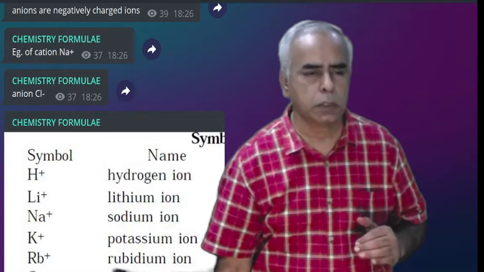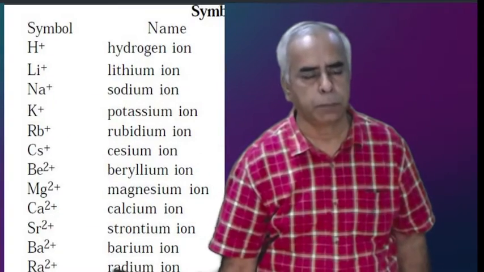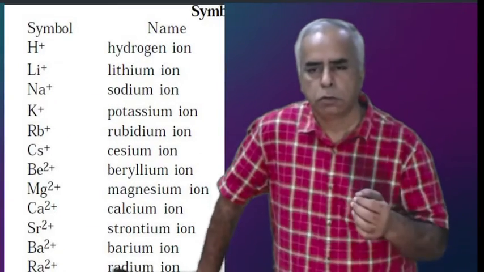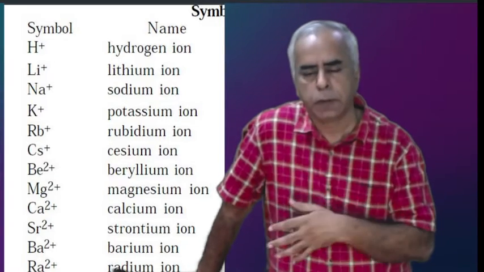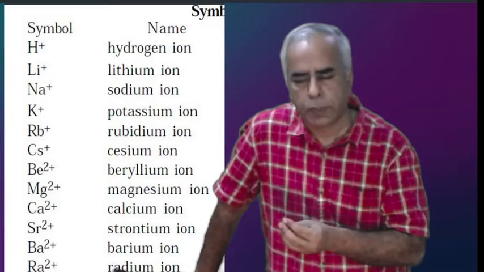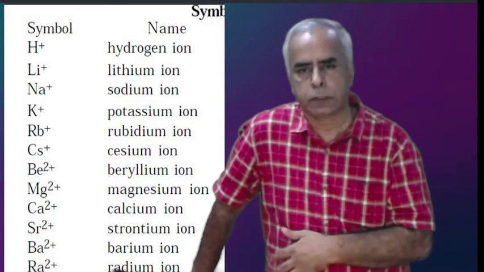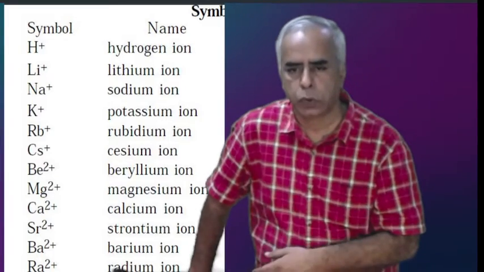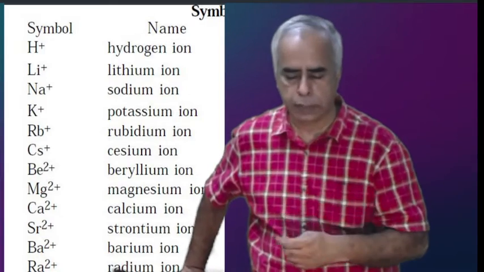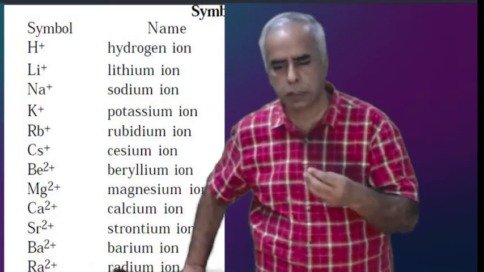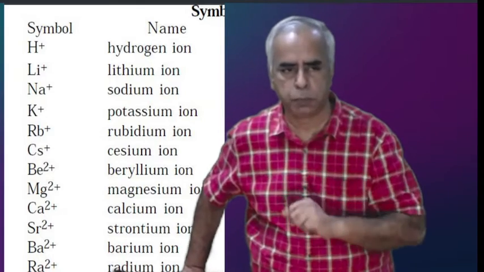Let us look at some examples of cations. For instance, H plus is a proton, but it is called a hydrogen ion. This H plus is available in acids, as in hydrochloric acid, which is why it is also called a protonic acid. So an acid is the reagent that gives out H plus.